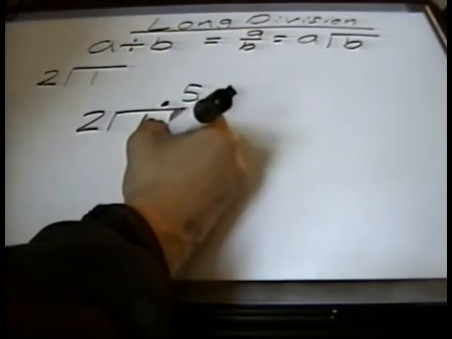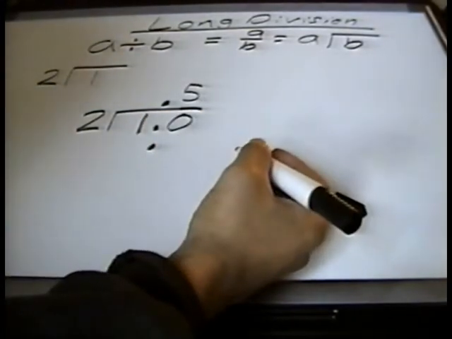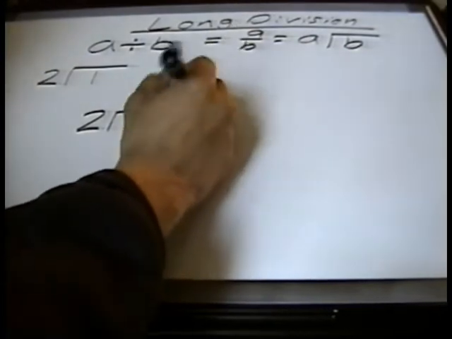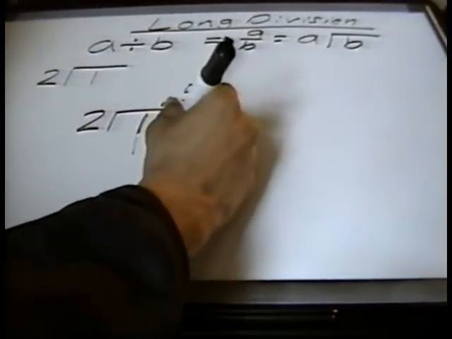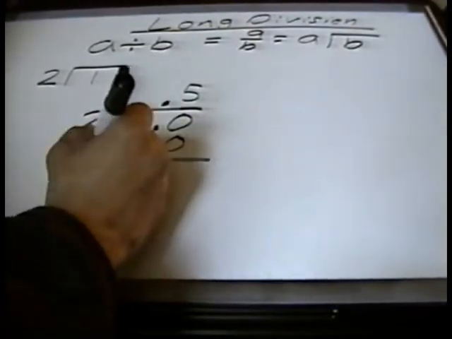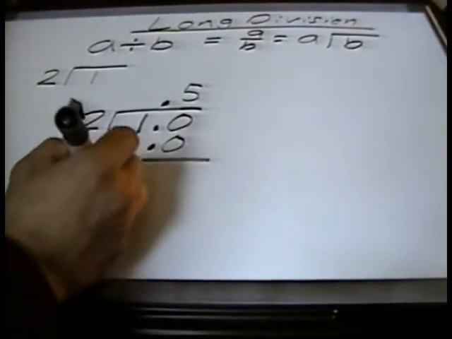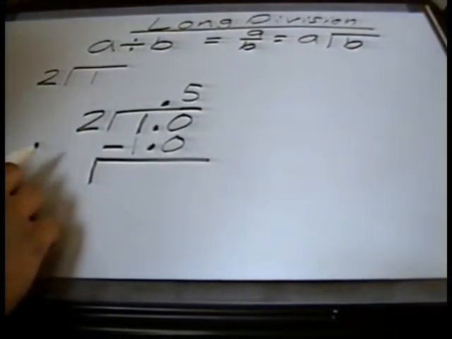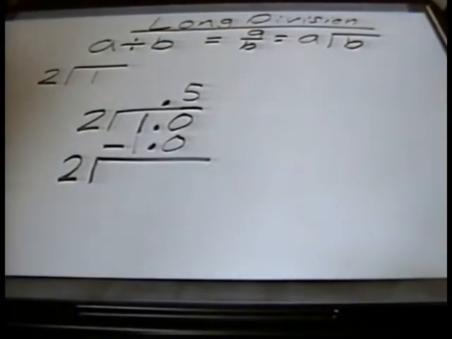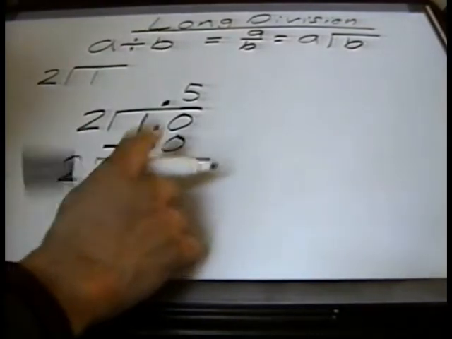Now remember to keep your decimal places aligned and bring down your decimal point. 5 times 2 is 10. Now remember to write it in this form, and you always bring down your divisor. You're supposed to do it like that. 10 minus 10 is 0.